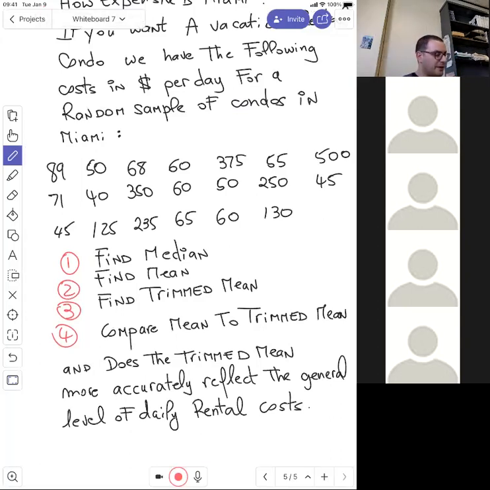So in some sense, is the trimmed mean more accurate than the mean? All right, guys. I'm going to give you, let's say, 5 to 10 minutes to think about this problem.